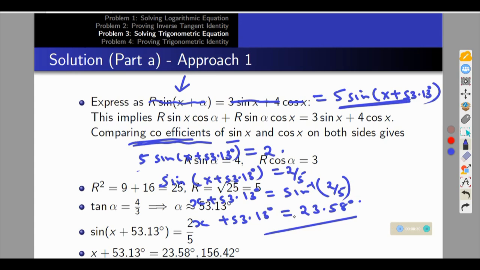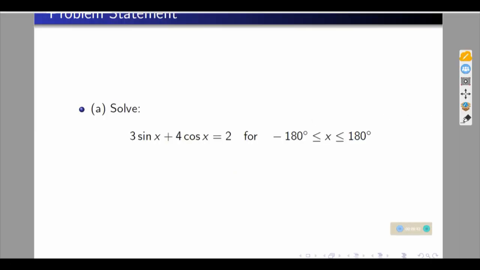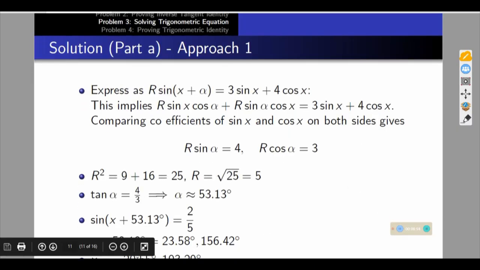So we need the values of x that satisfy the range. The range that was given is negative 180 degrees less than x less than 180 degrees. So for that case, you need an expression that will satisfy x plus 53.13 degrees.